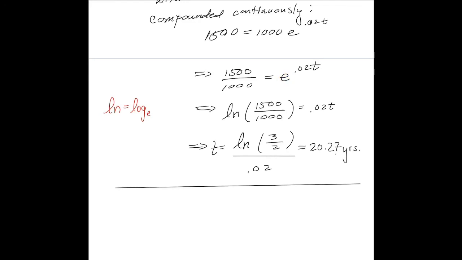So now, if you like, you can think of 1,500 over 1,000 as e to the natural log of 1,500 over 1,000. And then you equate the exponents.